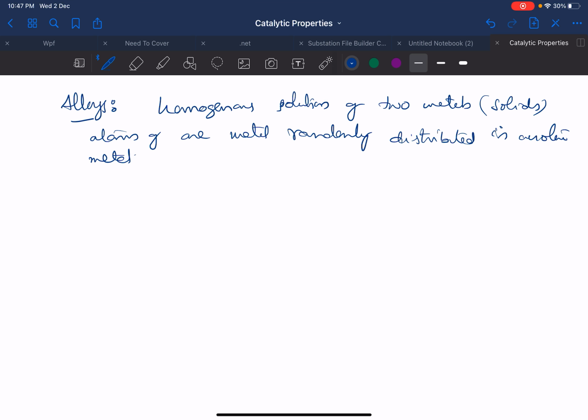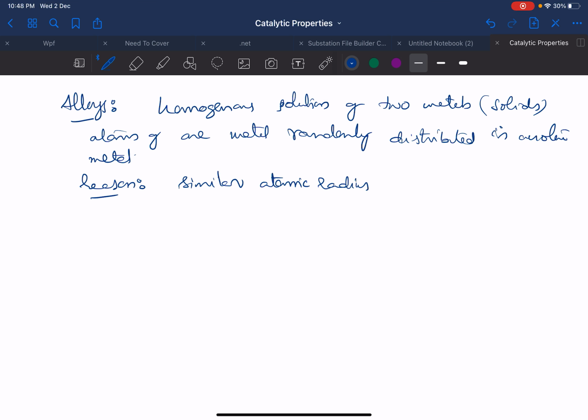So why are alloys formed? They are easily formed by the transition elements. What is the reason for alloy formation? The reason is that transition elements have similar atomic radii.